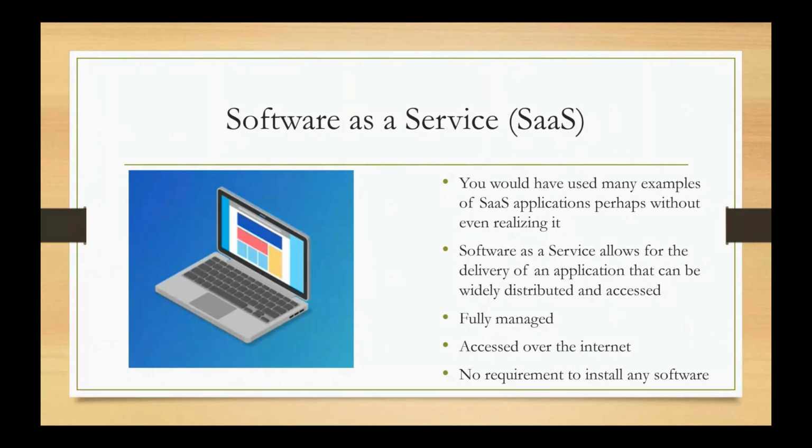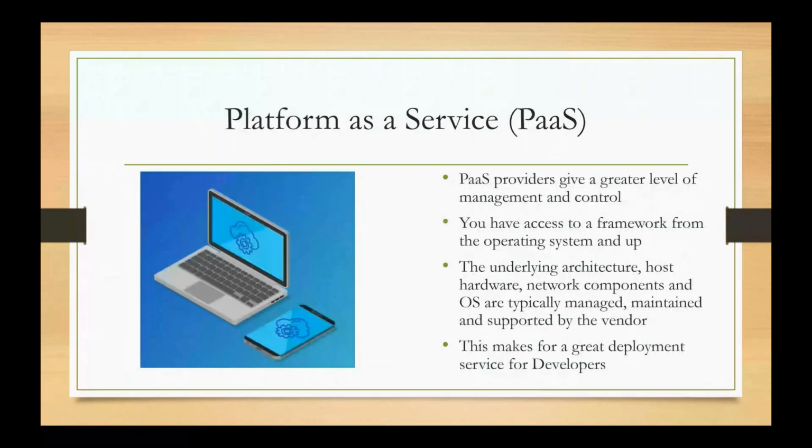Next, platform as a service. As you already know, platform is a combination of infrastructure as a service and software as a service. Both are combined together to form platform as a service. It provides a greater level of management and control.